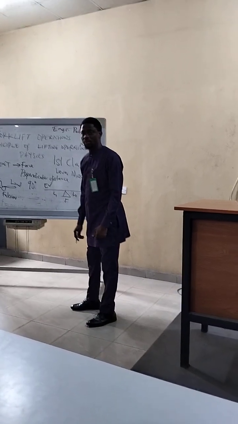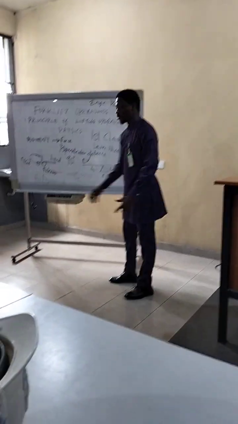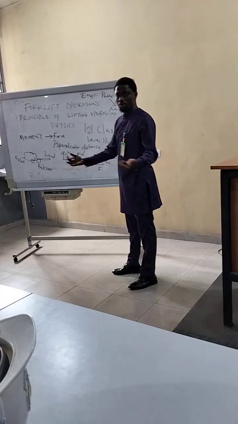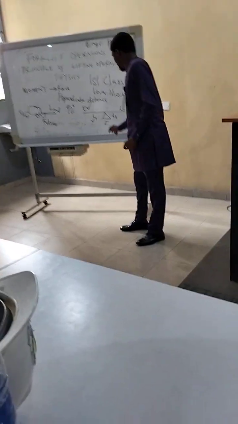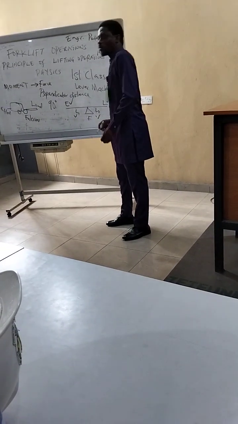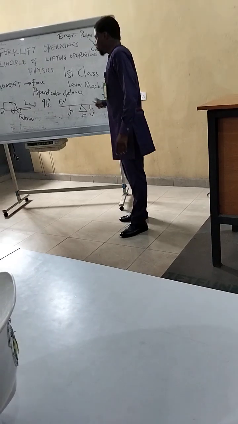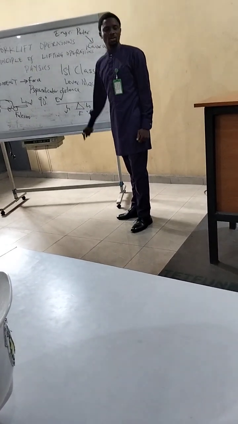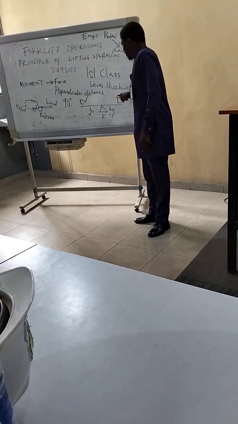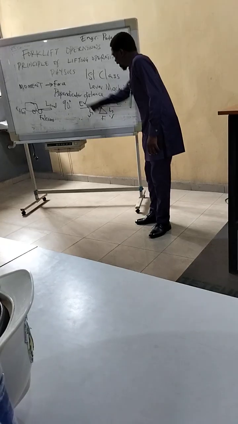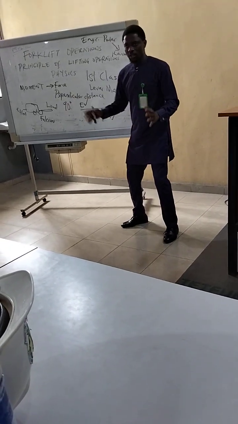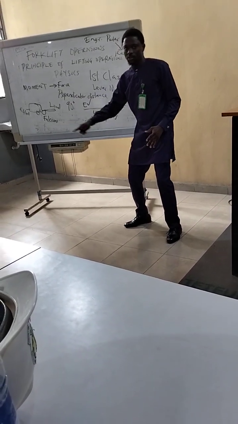The load of the counterweight is known. This distance is known by design of the forklift. This is also known. This is what we don't know. This is what we want to carry. So at the end of the day, whenever we adjust everything here, the moment exists, what happens?